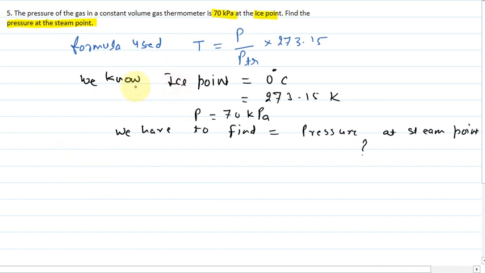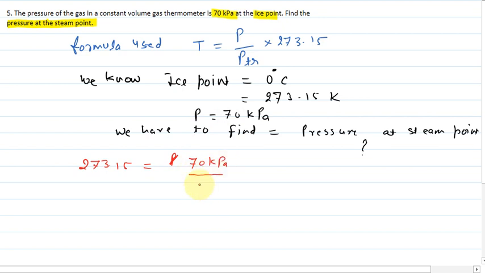From this information that we know ice point is 0 degree centigrade. So here we can put the values in the formula. 273.15, it is the ice point temperature. So here is the pressure at ice point, and it is given, it is 70 kilopascal.